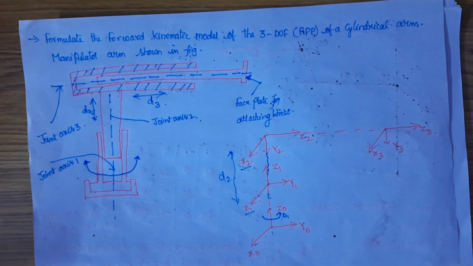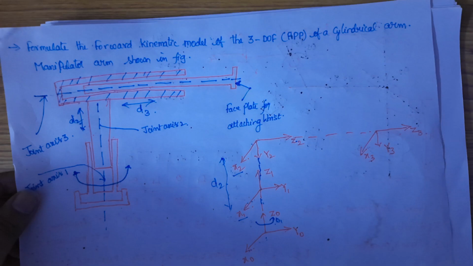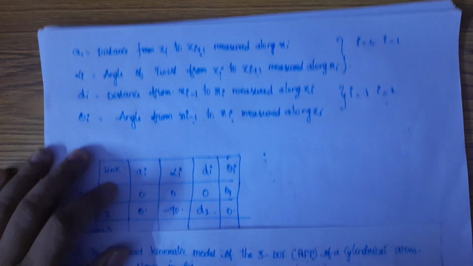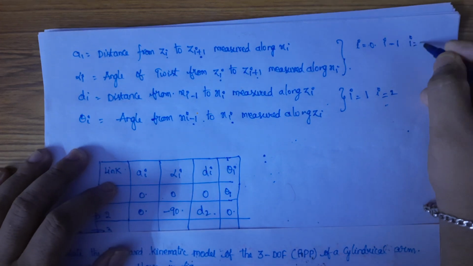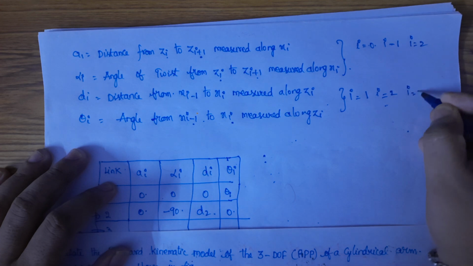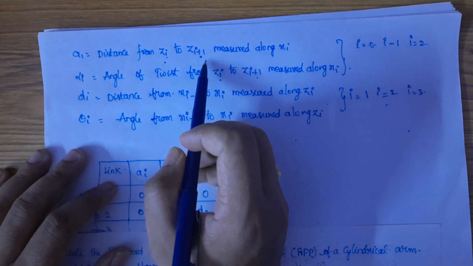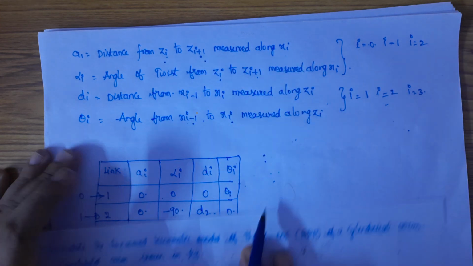And the last one will be the link 3. So we have the distance. We'll be taking i is equal to 2 here and i is equal to 3 here. The distance from z2 to z3 measured along x2.